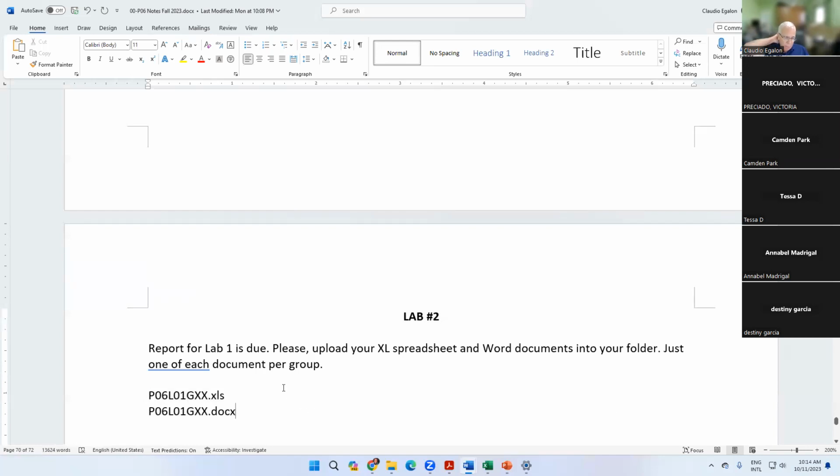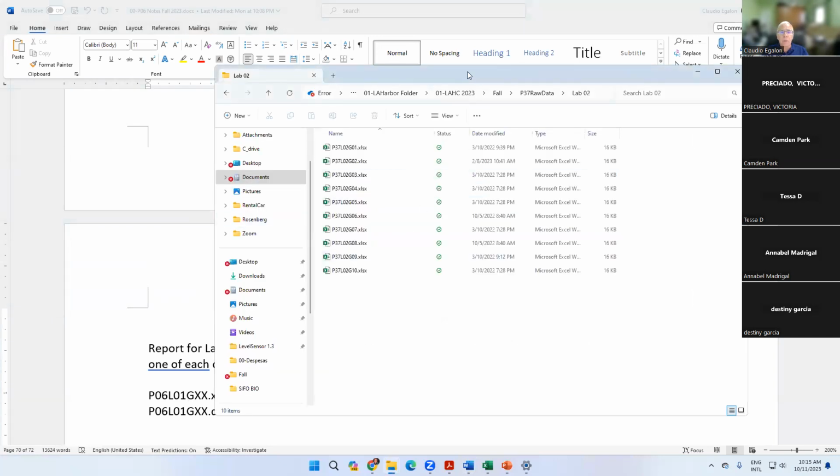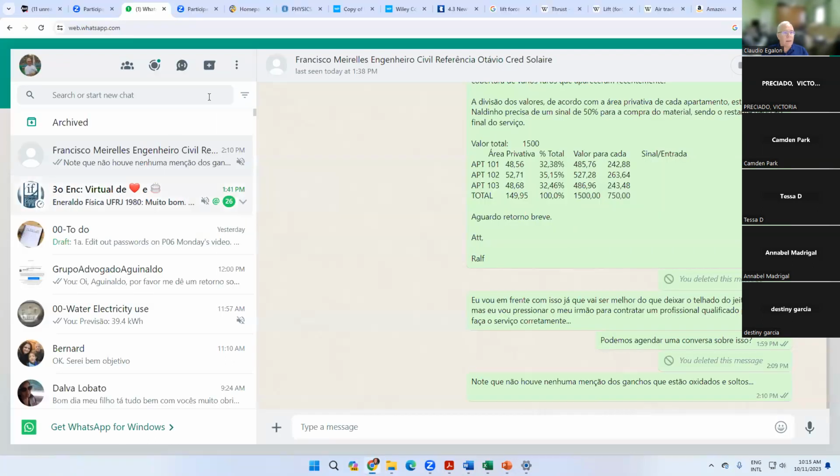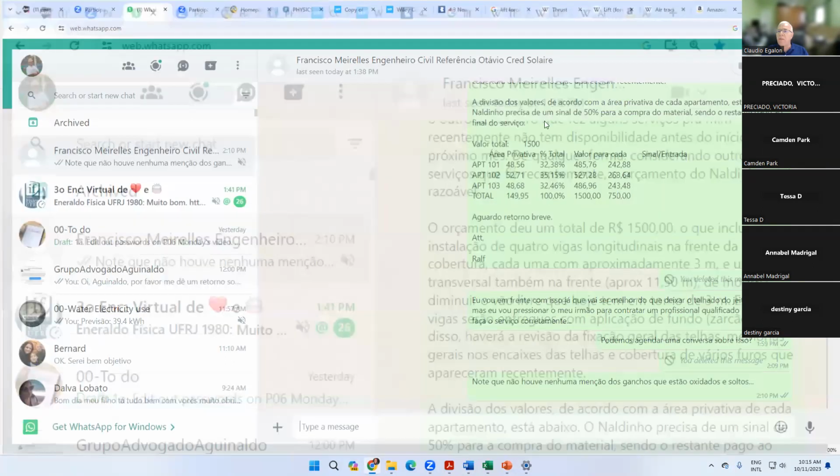I keep thousands of those spreadsheets on my hard drive here at home, in my computer. And let's go for our lab 2 spreadsheet. It's amazing.